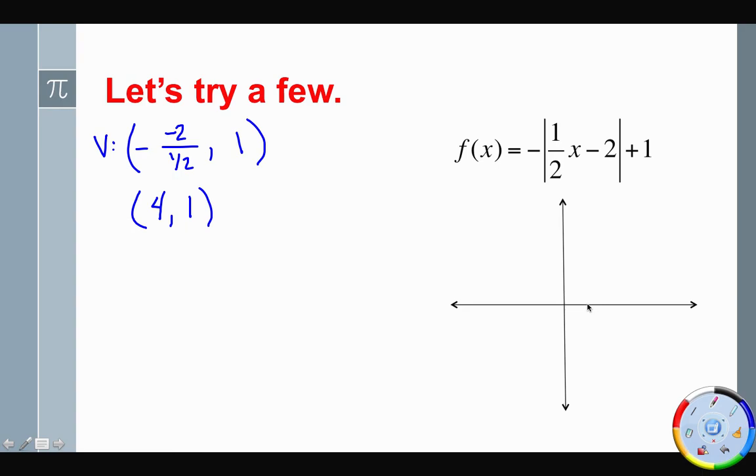So we can come out here to the point x equals 4. Now we can go up to y equals 1. Oops, let's use red on that one.